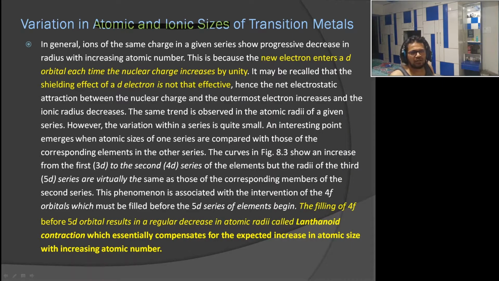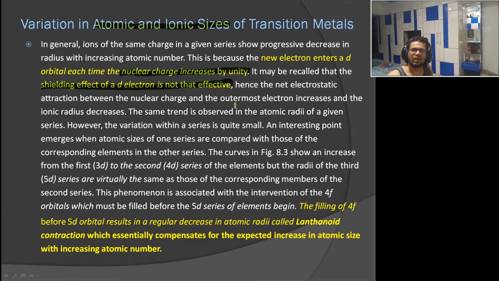I'll just read out, observe this carefully, what it says. A new electron enters the d orbital. Each time the nuclear charge increases by unity. It may be recalled that the shielding of a d electron is not that effective. If anybody recalls, shielding effect: the inner shell electrons are pulled towards the nucleus, so the force of attraction for the valence shell decreases.